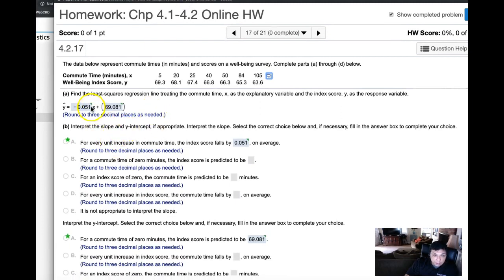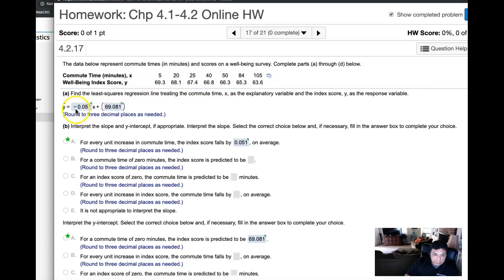What does the slope mean? Now, this is our slope right here, this -0.051. It's negative again because as the commute time was increasing, your well-being was decreasing. You've got to remember what a slope is. It's your change in y over change in x, going back to an algebra idea, and the y is your well-being index score.